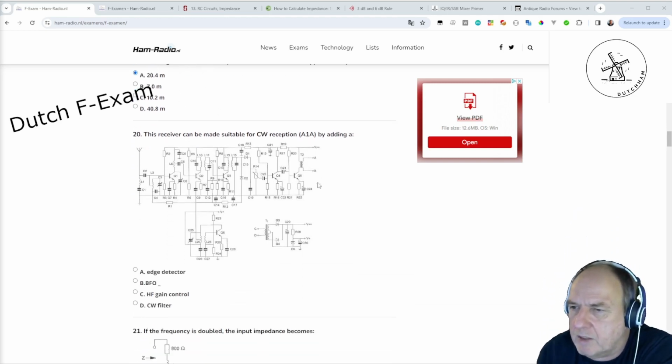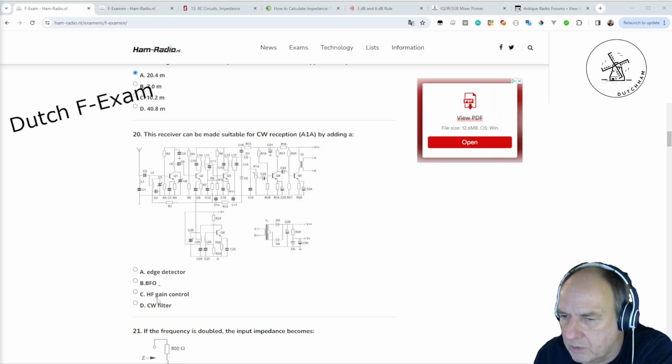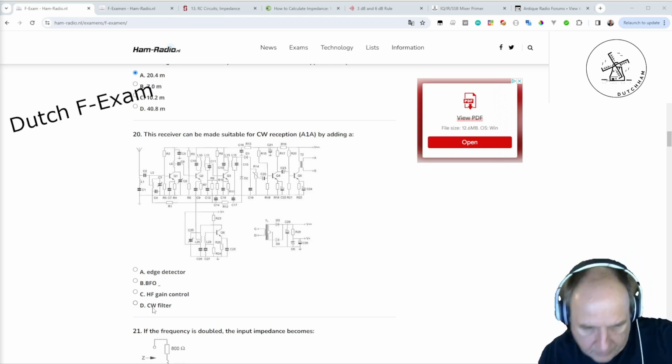This receiver can be made suitable for CW reception by adding an edge detector, BFO. No. And to see does make sense. CW filter may be helpful to, let me turn the noise a little bit off.